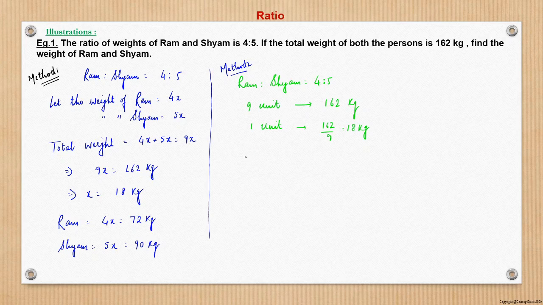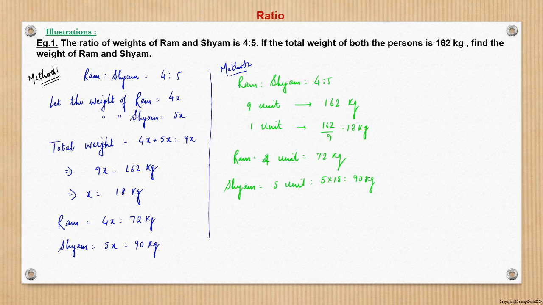From here we can say Ram is 4 units, which is 72 kg, because 1 unit is 18 kg, and Shyam is 5 units, so 5 into 18, which is 90 kg.